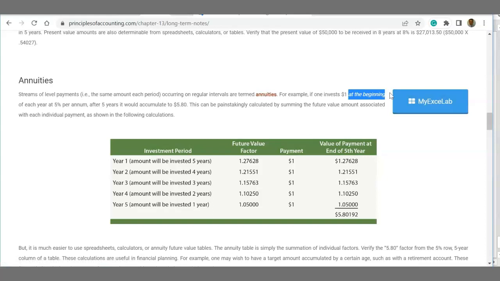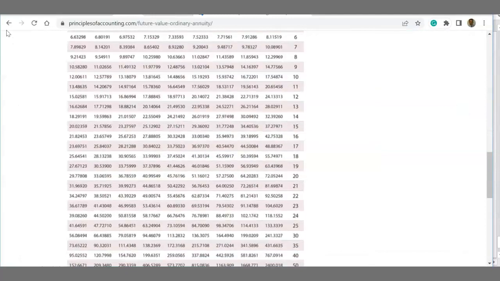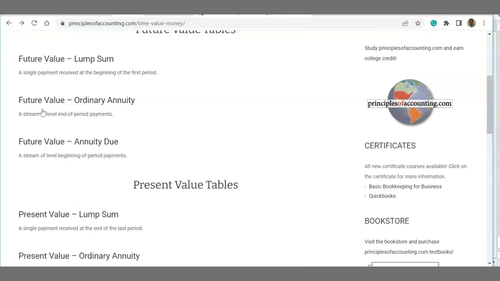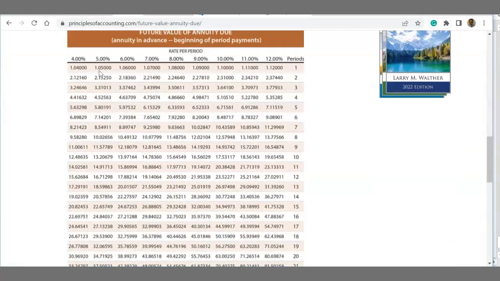You see, it says at the beginning of each year, $1 investment at the beginning of each year. So that is annuity due, not ordinary annuity. So this is not good. This is ordinary annuity. So we have to go to annuity due. So let's go to future value of annuity due, because at the beginning of the year. So if we go to that table and we go to 5%, and here is year N1, N2, N3, N4, and 5. Pick up all these 5.